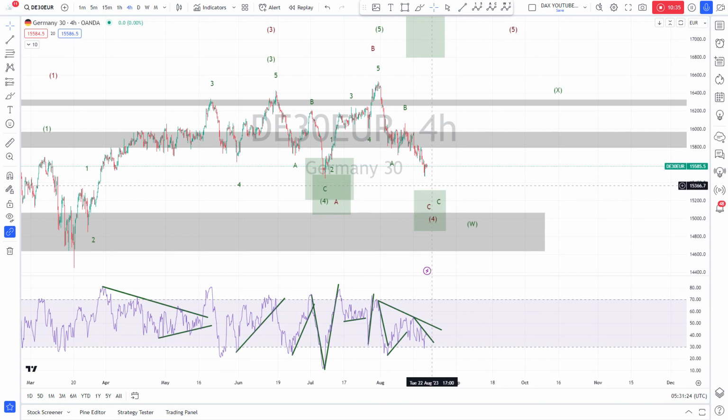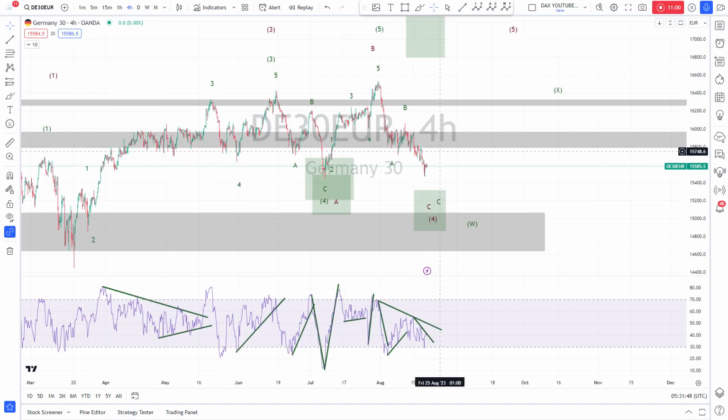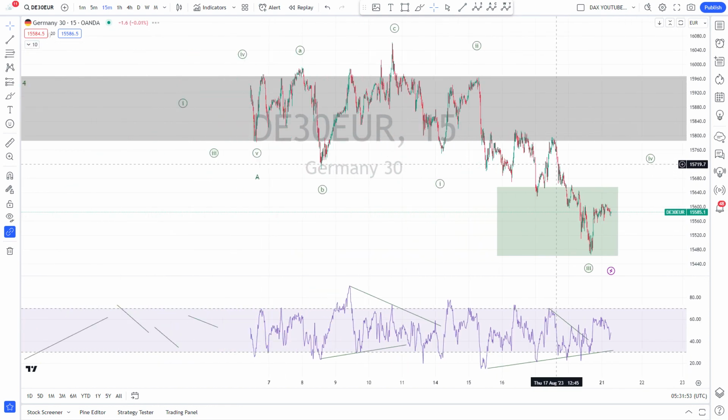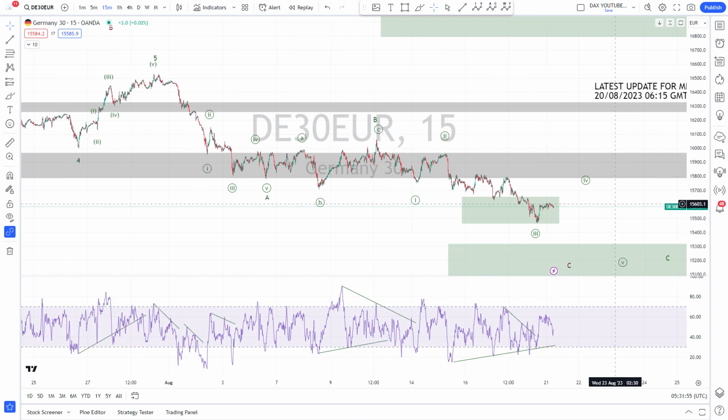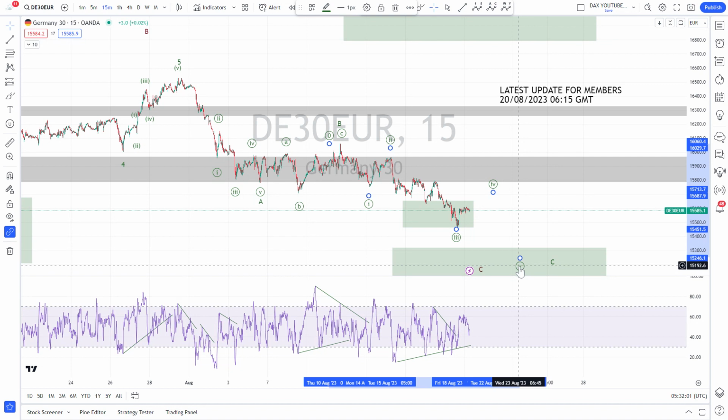Therefore, if you want to have a good entry, I think it will really be a matter of analyzing the lower time frame here, like even on the 15 minutes, and see if you get some kind of impulse down that ends with divergence, which could be your final wave 5.